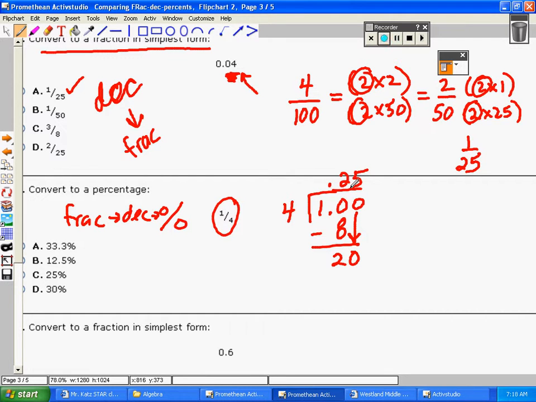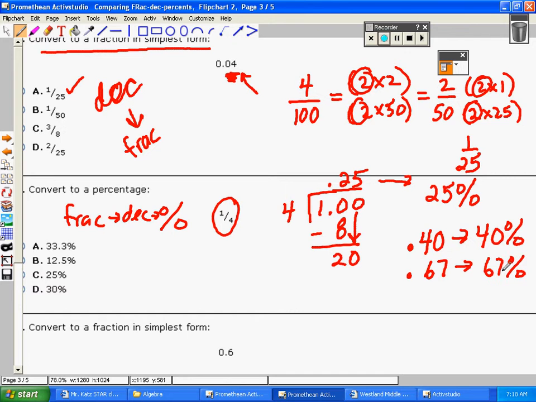Once you get it into a decimal, remember what we said? How do you get it to be a percent? Well, we're just going to move the decimal place twice to the right and get 25%. So remember, guys, when you have 0.40, that's 40%. Because when you have 0.67, that's 67%. And 0.05 would be 5%, because we're just moving the decimal twice to the right.